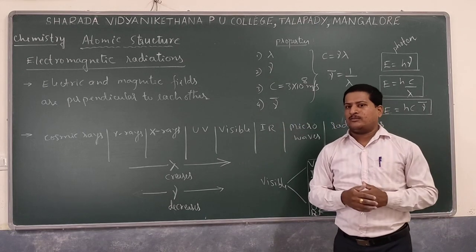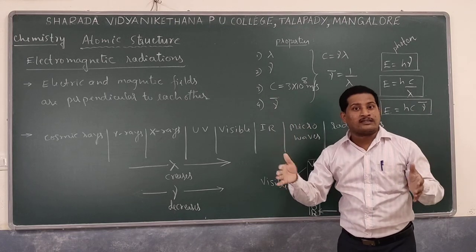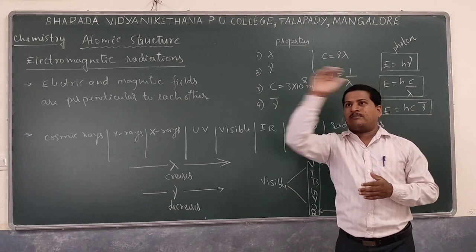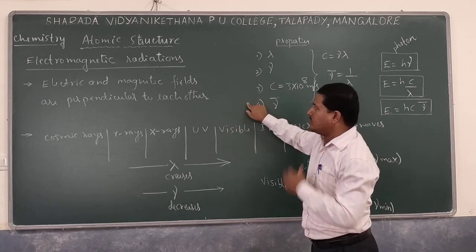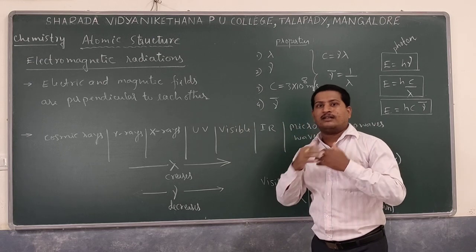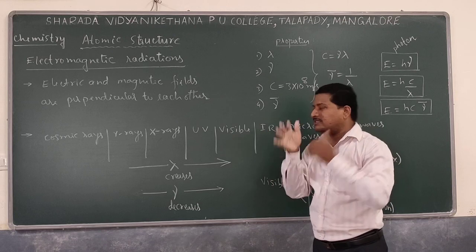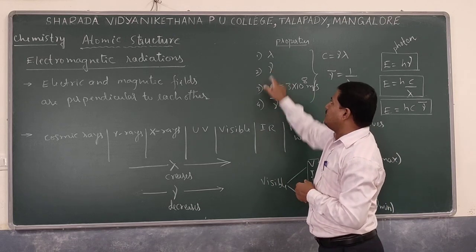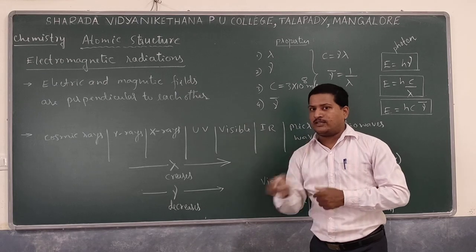Wavelength tells about the distance between two successive crests or troughs. The upper part of the wave is nothing but the crest, and the lower part is the trough, and between those two a certain distance is present, that is the wavelength.